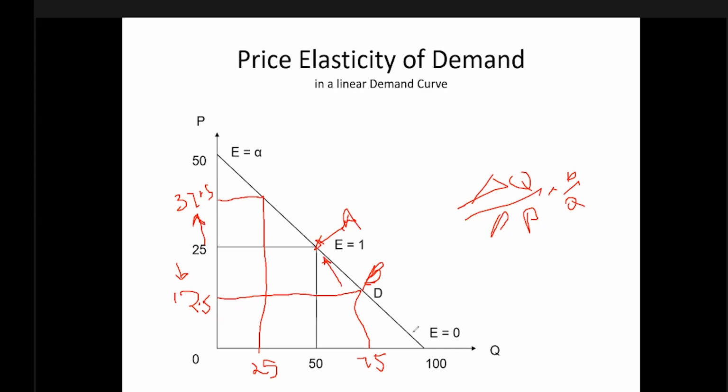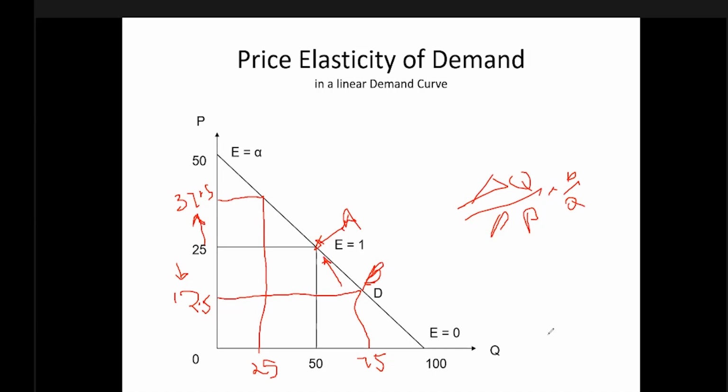What is the value? Again, delta Q by delta P, P by Q. Let's calculate it. It is moving from 12.5 to 25. Quantity will be changed from 75 to 50.